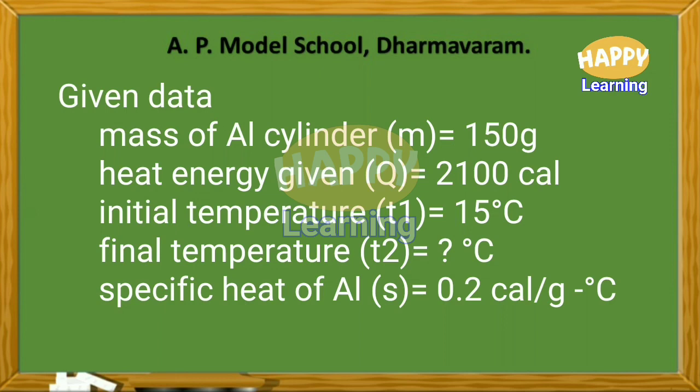Final temperature T2 is equal to question mark. This is to be determined. Specific heat of aluminum S is equal to 0.2 calorie per gram per degree Celsius.